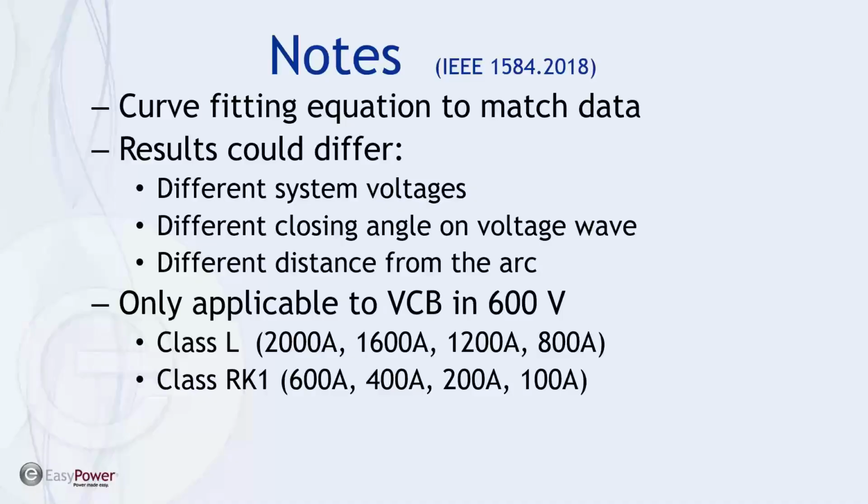And so the results could differ based upon the system voltage, the closing angle of the voltage wave, and obviously the distance from the arc. So the bottom line is the model that we have is only applicable to low voltage systems, and these values of current limiting fuses in class L and RK1.